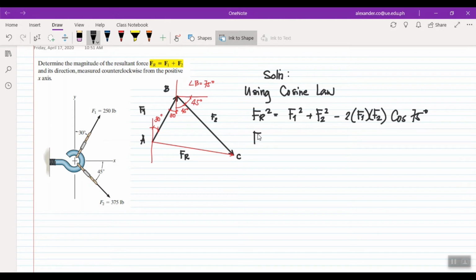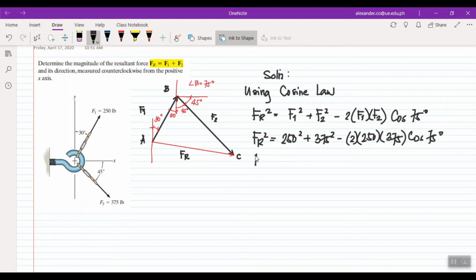So, ano yung FR? F1 is 250 squared plus 375 squared minus 2(250)(375) cos 75.